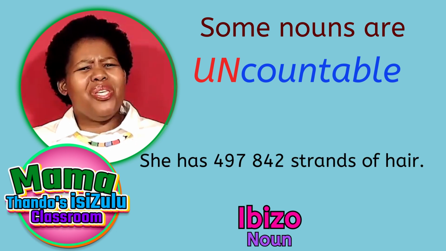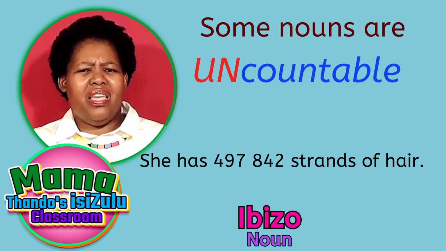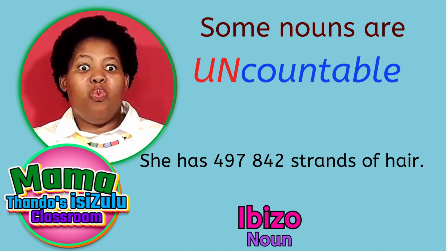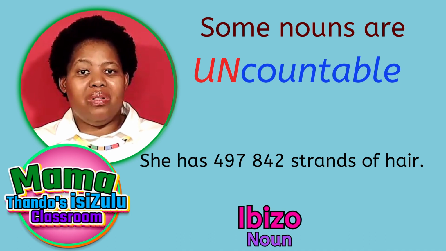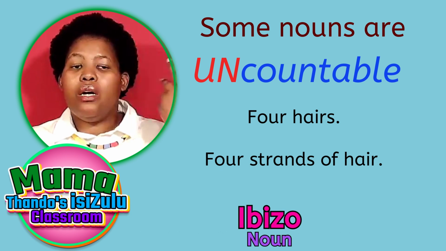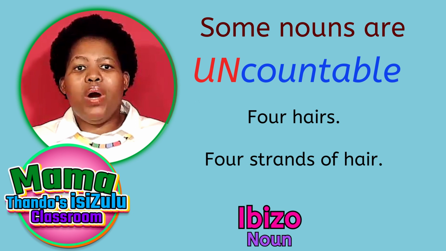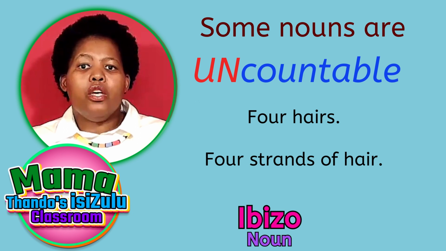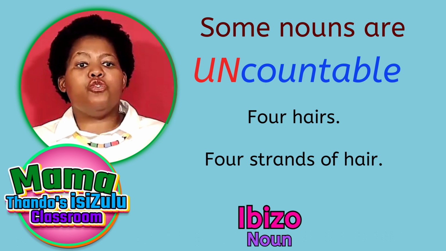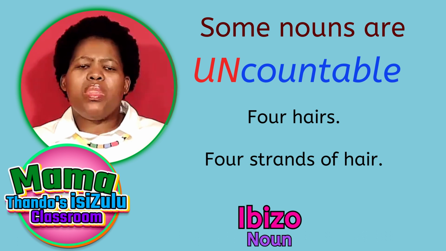And so you won't hear anyone saying, she has 497,842 strands of hair. When did you count it all? But you do talk about a person's whole head of hair. And if you are counting the strands, you will then say 4 hairs or 4 strands of hair.